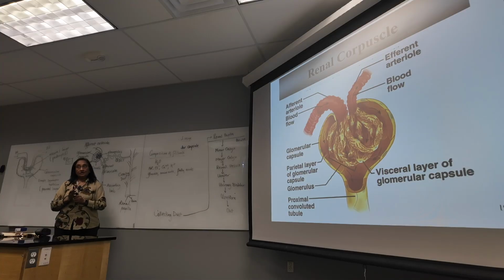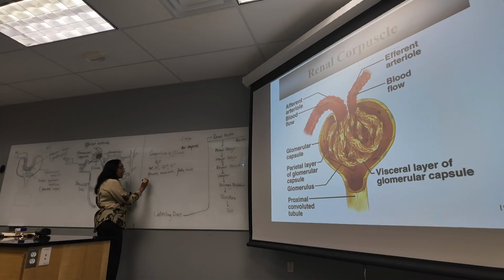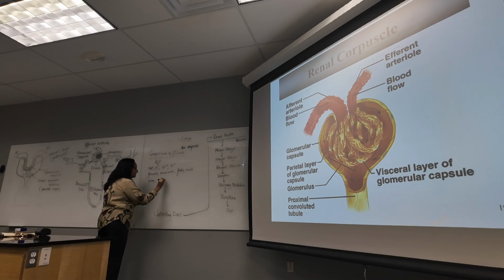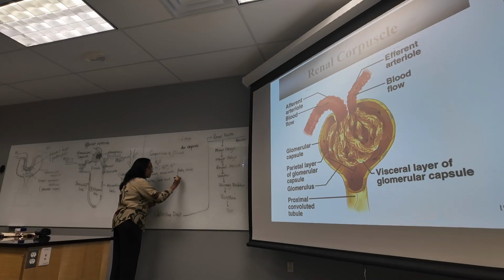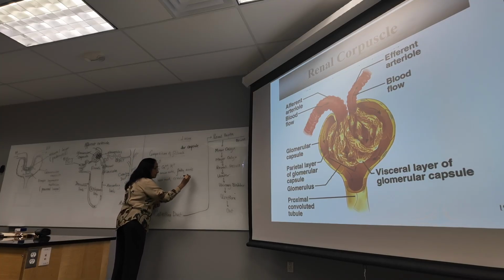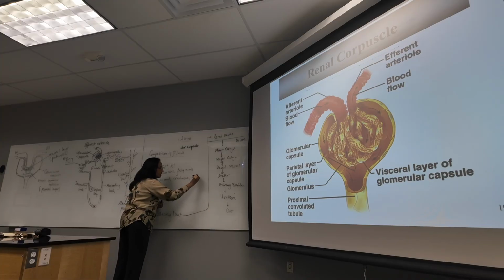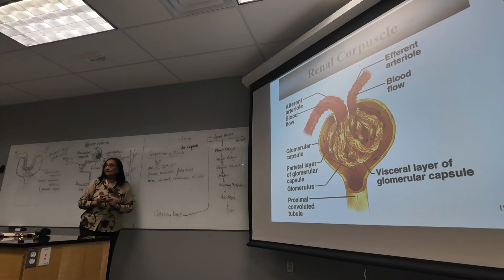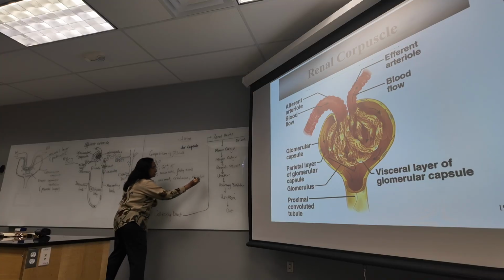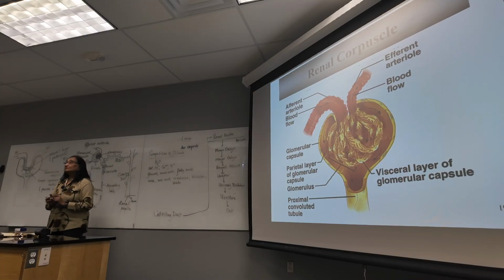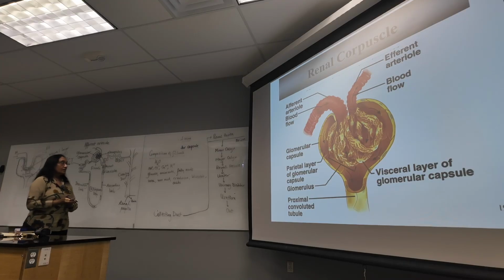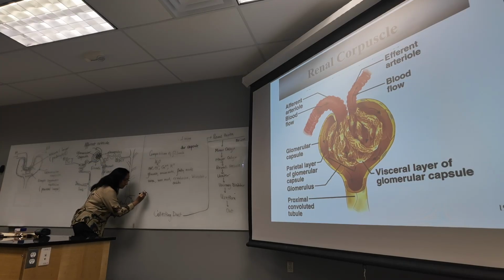So we'll see what won't come out. All the waste products, like urea. Urea is fat soluble, so it can come out. Uric acid, creatinine, bilirubin, acids, all of this will come out in the filtrate. What will not come out?